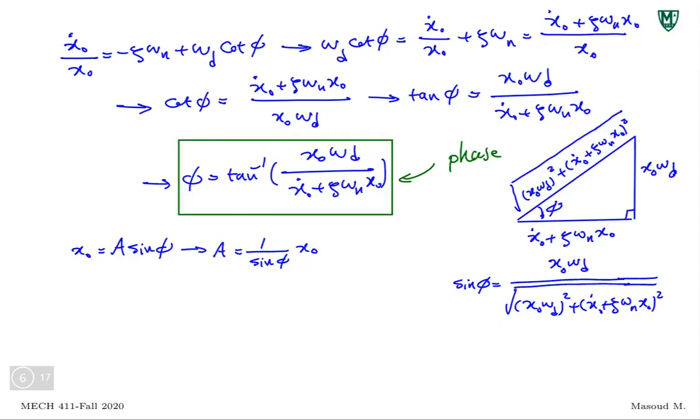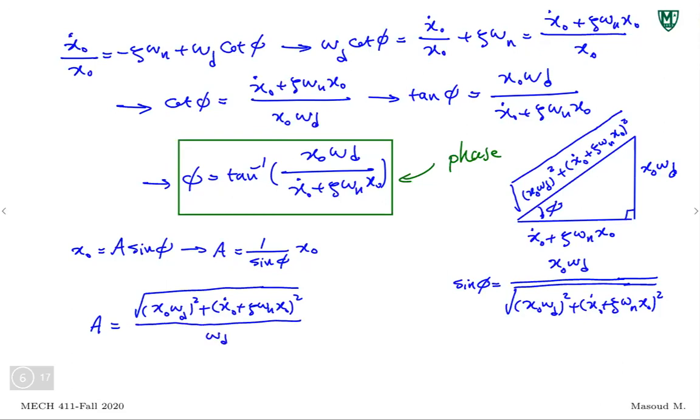Now I can just easily plug this back into my equation for A. Right, I just flip it. So I'll get A is equal to, I flip this and X naught goes to the bottom, you'll get the square root of X naught omega d squared plus X naught dot plus zeta omega n X naught squared, divided by omega d.